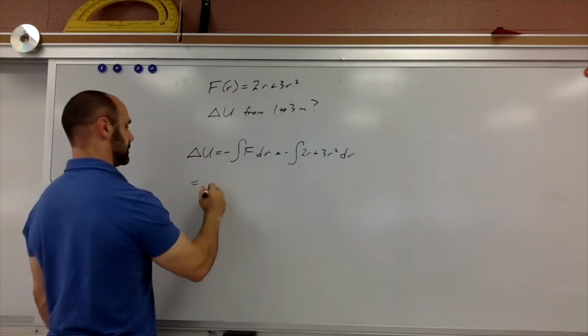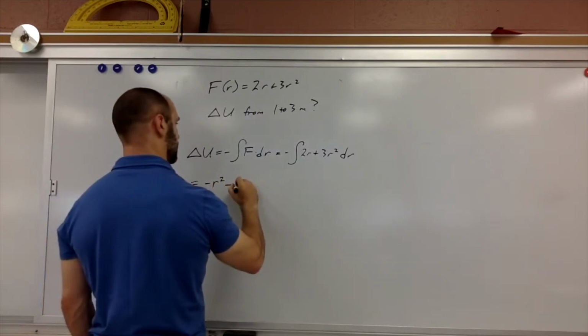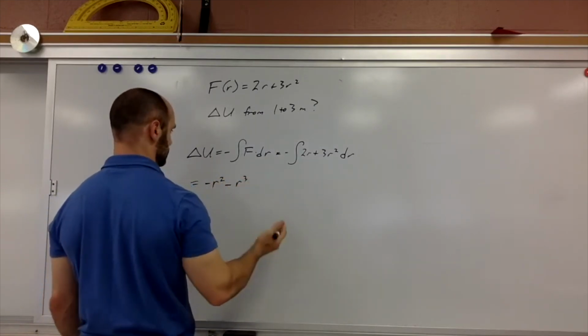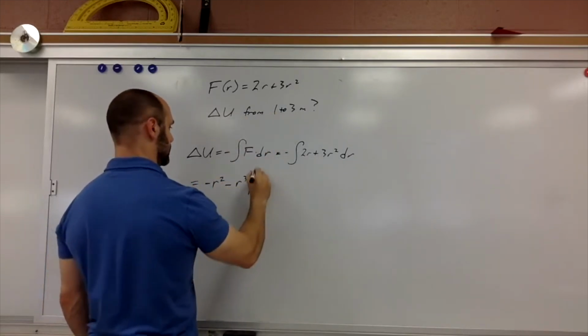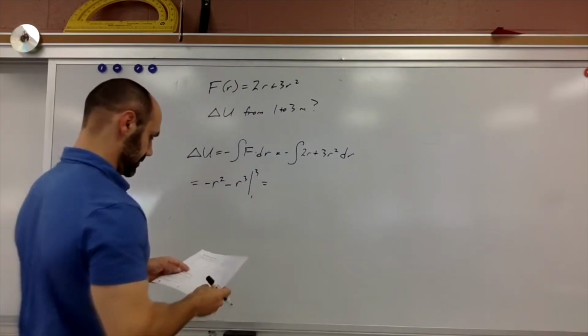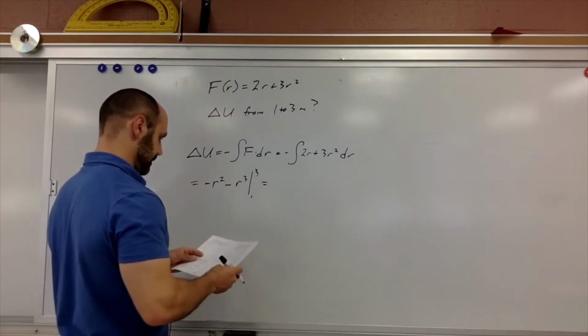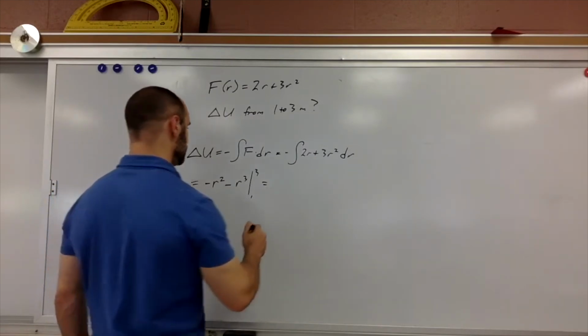Let me come back over here. So this is going to be negative r squared minus r cubed. That's it. And now this is a definite integral from 1 to 3. So I plug in my numbers here. And do we have any shortcuts? Nope.